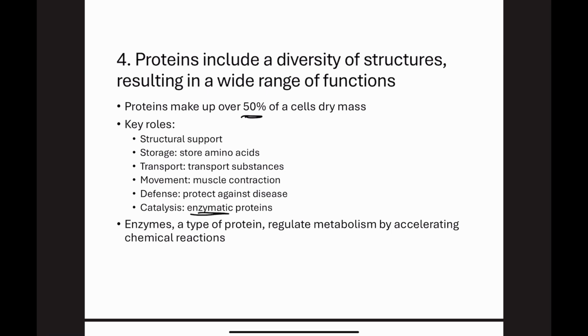And these enzymes function as catalysts in our cells, and they regulate our metabolism by selectively accelerating chemical reactions without being consumed. Because enzymes can perform their functions over and over again without being consumed, we can think of them like the workhorses that are going to keep the processes of life going. So really, without proteins, life would not be possible.